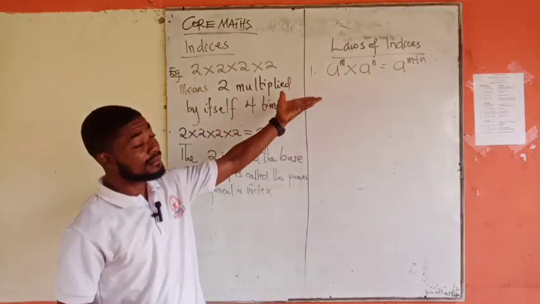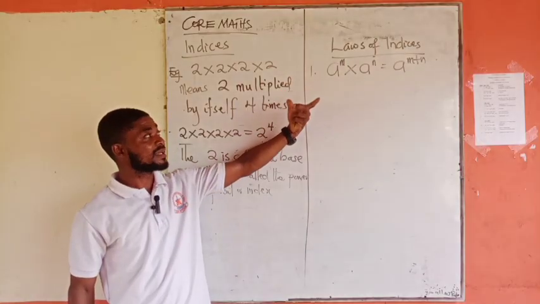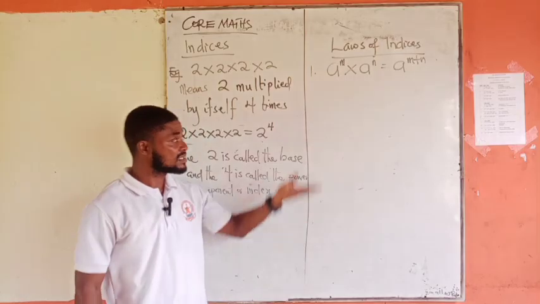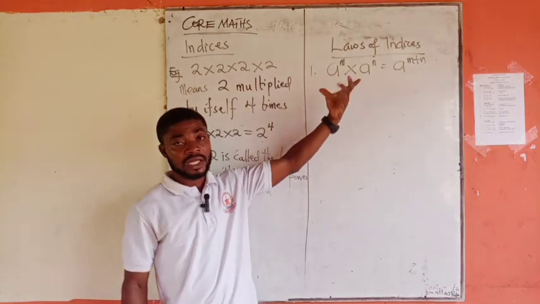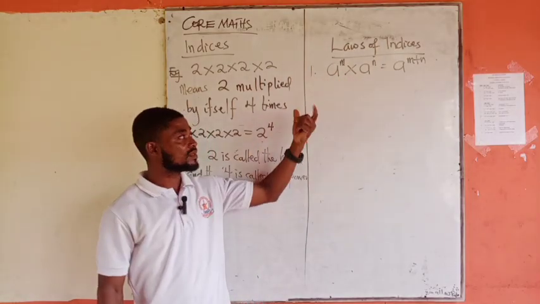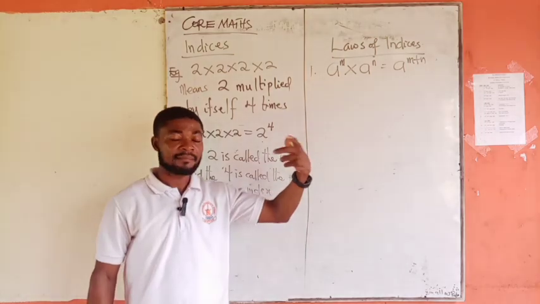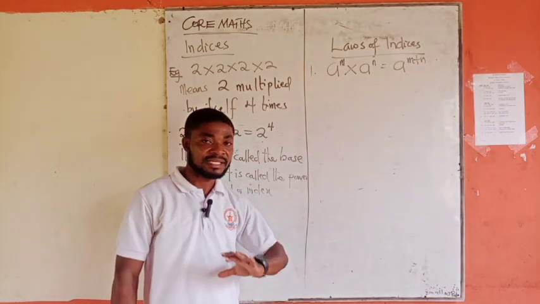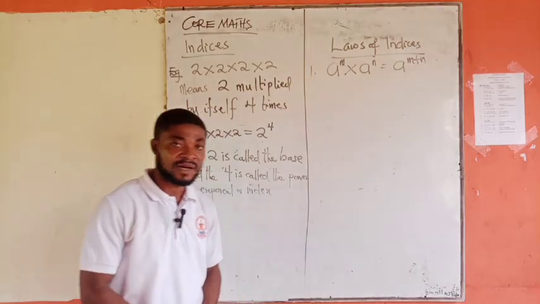So in the example on the board, we have a exponent m times a exponent n. Since they share the same base, which is a, we pick one of the bases and sum the powers, m plus n. That is going to give us a exponent m plus n. That is basically the law of powers.